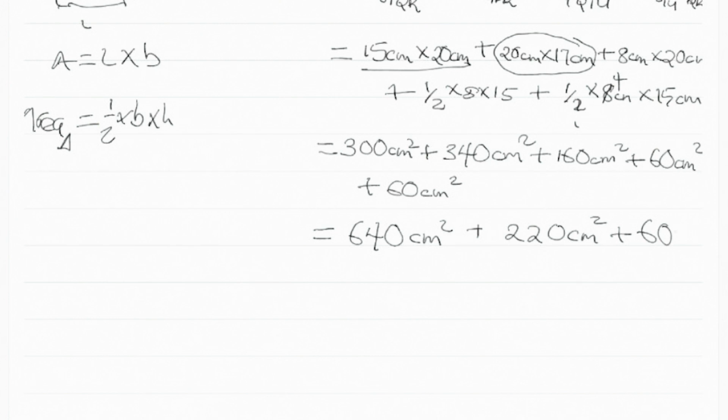When you add them further, 640 plus 220 gives you 860, plus 60 gives you 920 square centimeter. You do not need to use a calculator for these revisions, because in the final exam, you are not required to go with a calculator. You need to use your mental arithmetic.